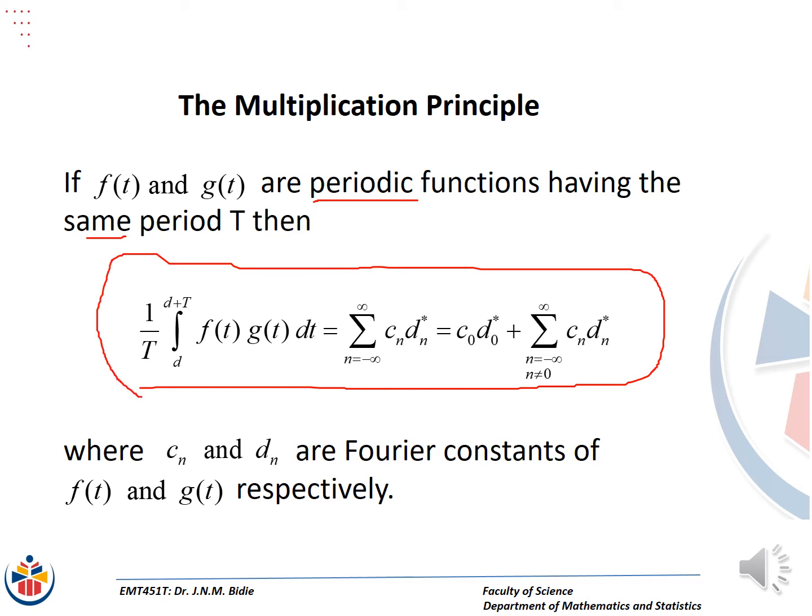Note that when we use the multiplication principle, we simplify the left-hand side as well as the right-hand side. Note also that dn star represents the complex conjugate of that Fourier constant. Cn is a Fourier constant for f, and dn is the Fourier constant for g.